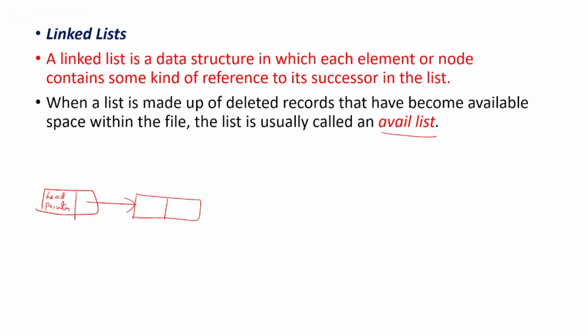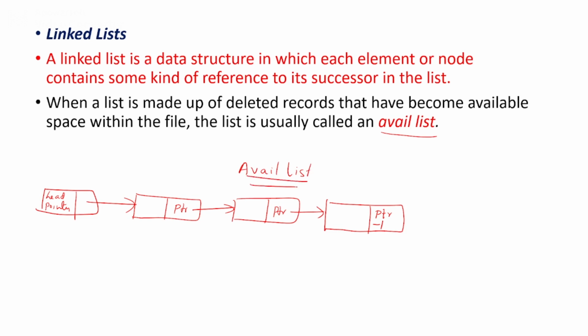You will have some empty place in this node and a next pointer which connects to the next empty space, and so on. If this is the last empty space, I can represent it by -1. So -1 represents the end of the list. If you have some other address, you can show it with the pointer. We call this an avail list.